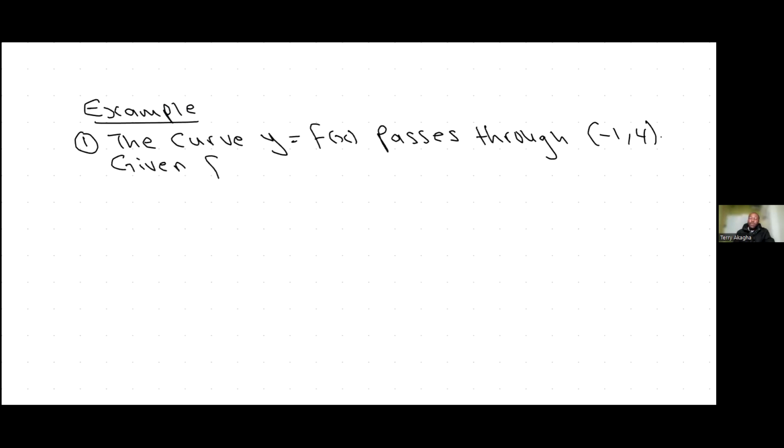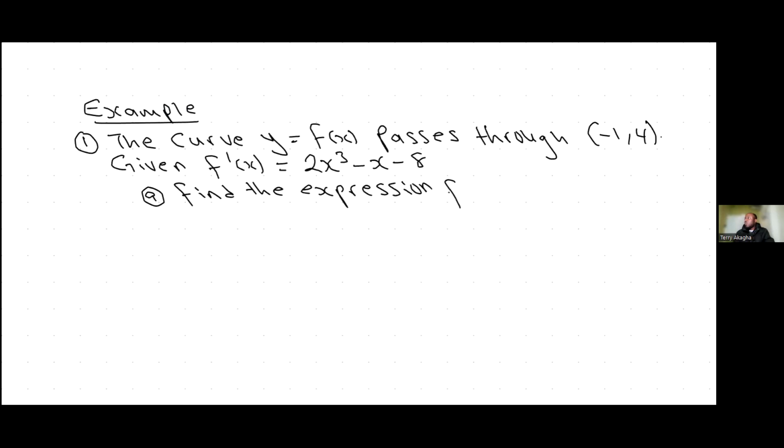Some textbooks will call it f prime x, some will call it dy over dx. It's still the same thing. f prime x = 2x cubed minus x minus 8. A, they want you to find the expression for f of x. B, they want you to also find the equation of the tangent and normal.